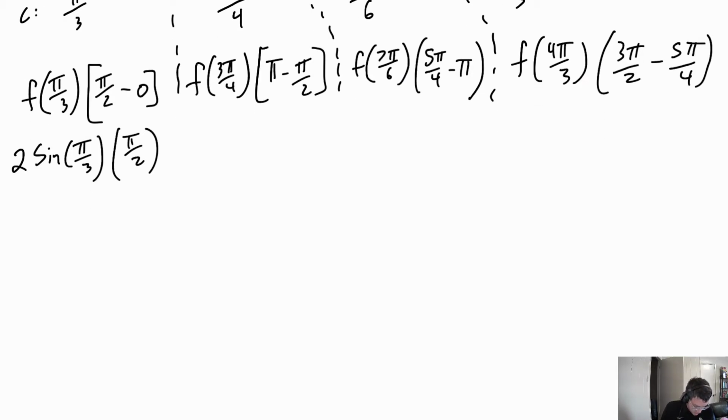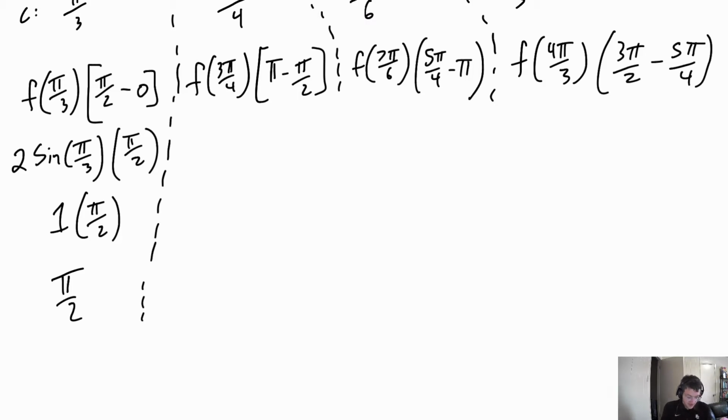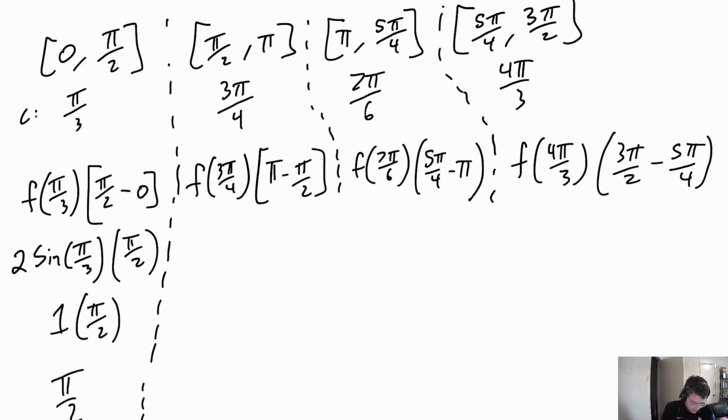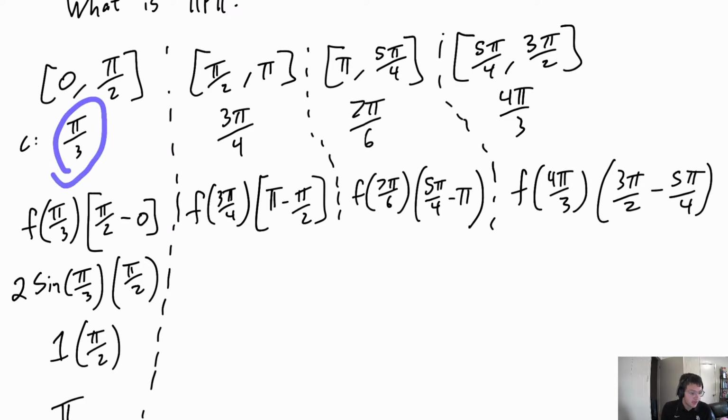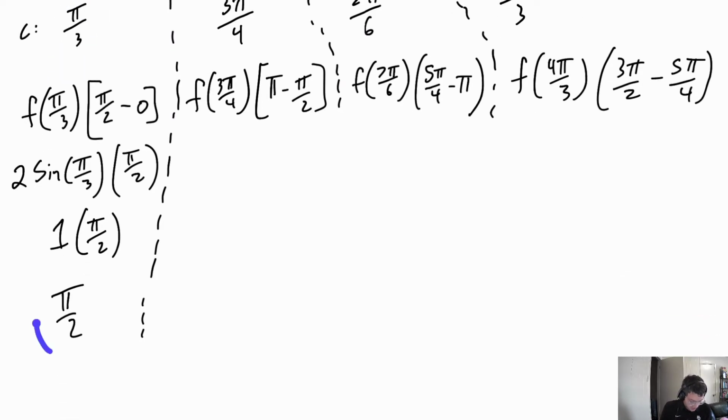We multiply by 2, we get root 3 times pi over 2. So that means this first rectangle, whose base is this subinterval, and whose height is f of pi thirds, has an area of root 3 pi over 2.